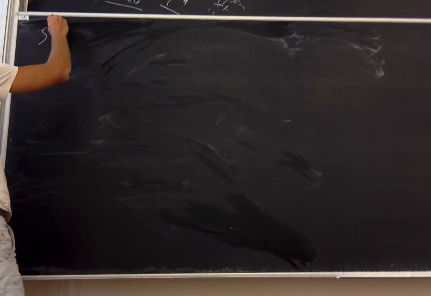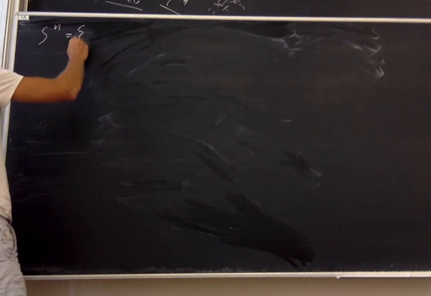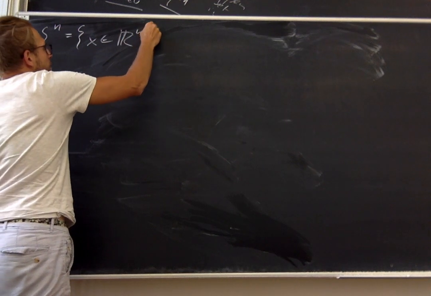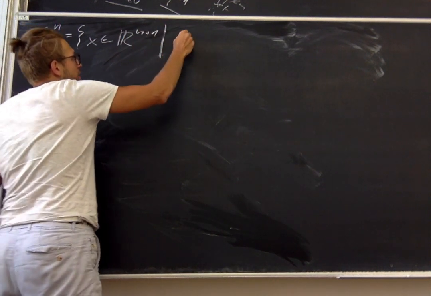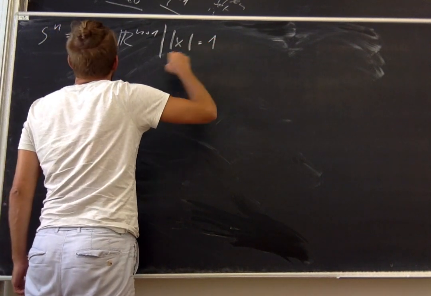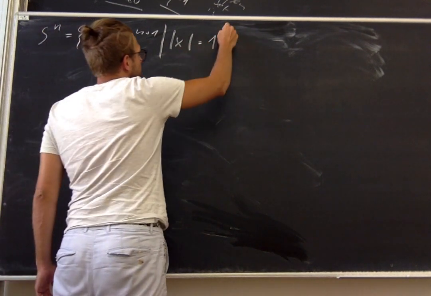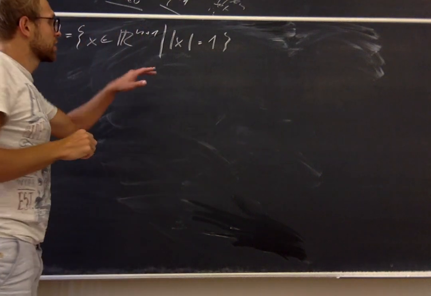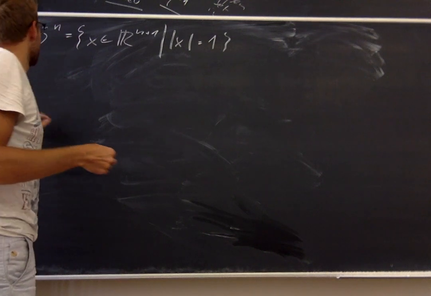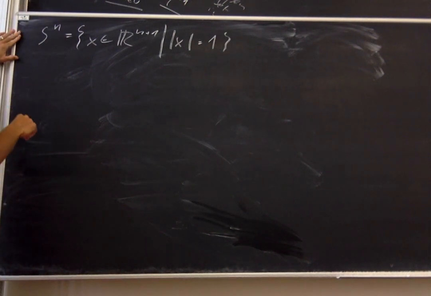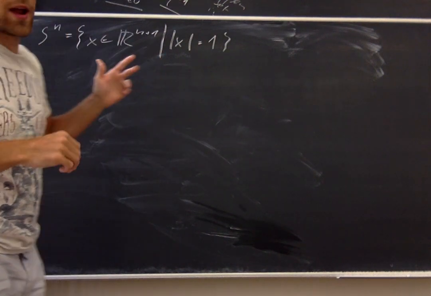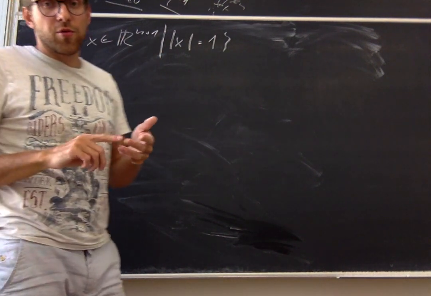Then let us define S^n as the set of x in R^(n+1) such that the Euclidean norm, which is how I'm going to signify it, is equal to 1. This is of course the unit sphere in R^(n+1). And we're going to ask ourselves whether this is a topological manifold or not. Again, we need to verify the three properties.